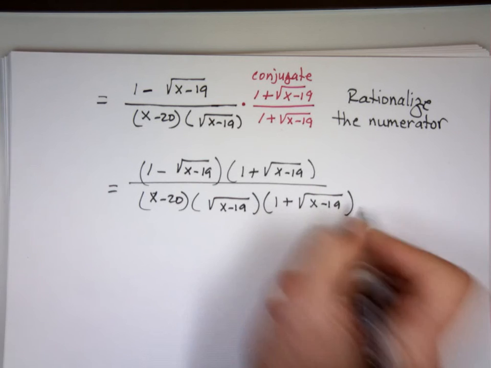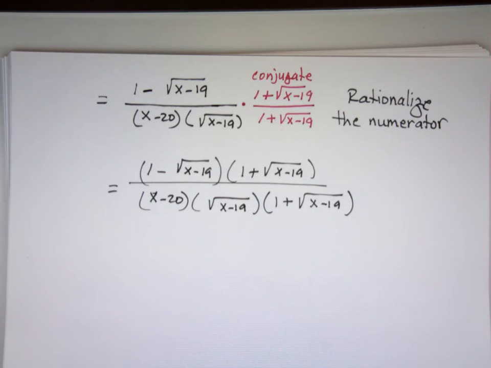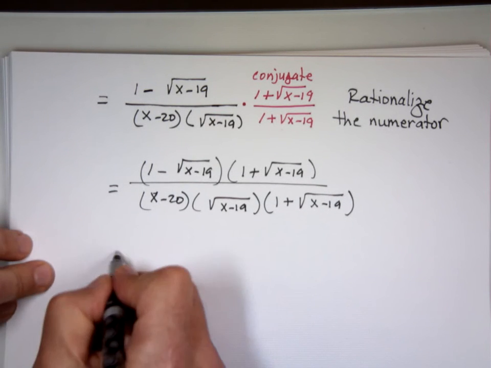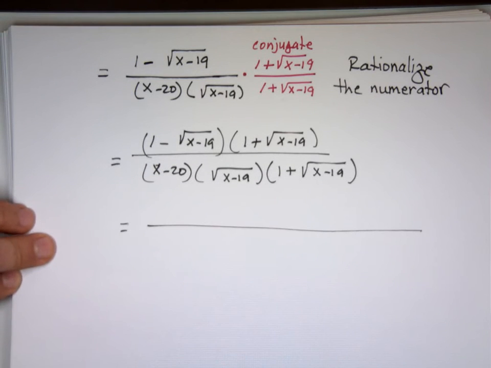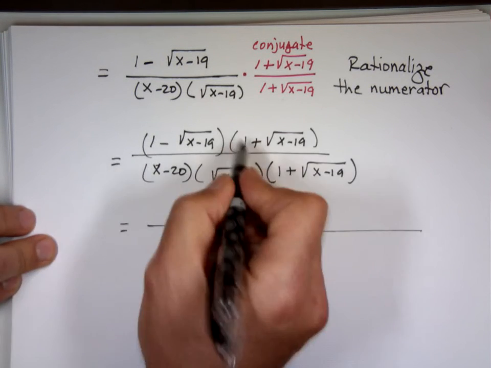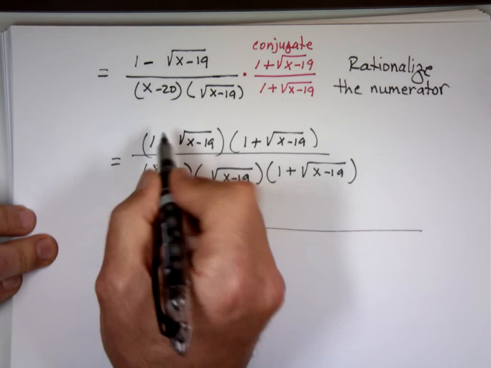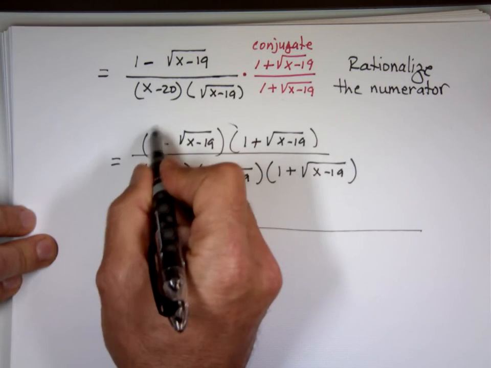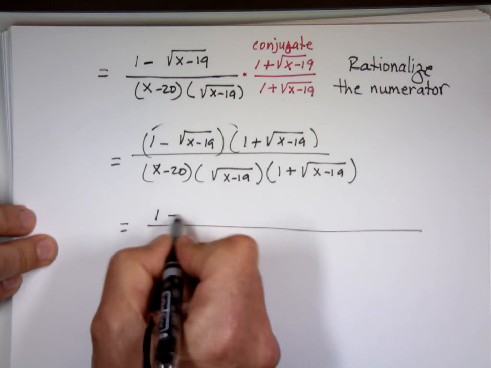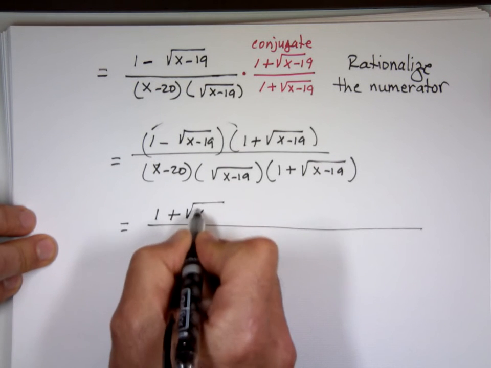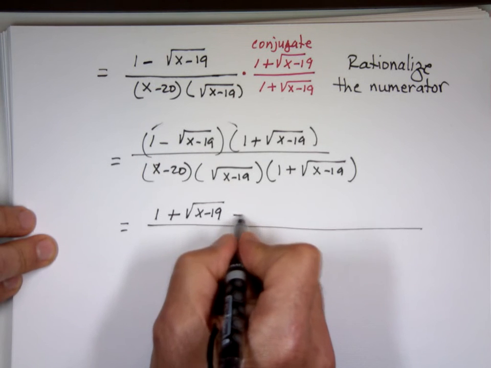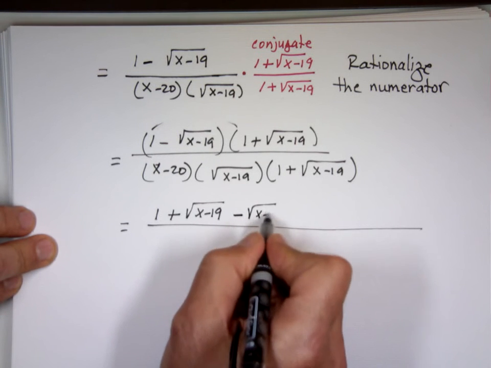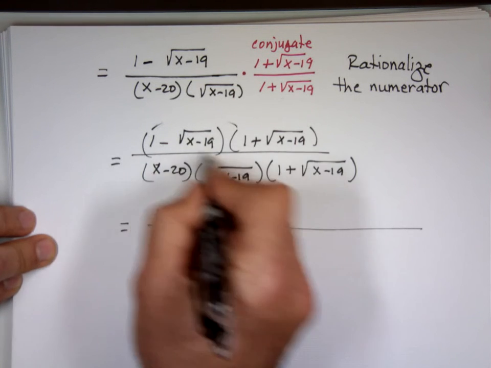The FOIL method, if you look at the top, I'll show you why we switch the sign. What's 1 times 1? 1. Then that'll give me a plus the square root of x minus 19. This will give me minus the square root of x minus 19. When you multiply this by that, that'll give me minus what?